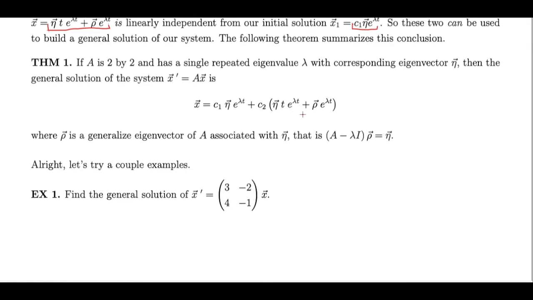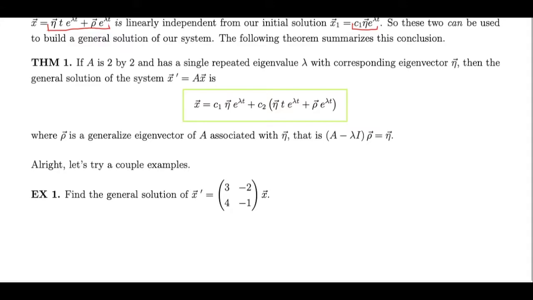And then in addition, I also need to include another e to the lambda t term, but I'll have a different coefficient function on that term there. So this is the quote-unquote formula that I will use to build solutions in the case that I have a repeated eigenvalue. And then just as a reminder, I've stated the generalized eigenequation here to indicate how I will solve or compute that vector rho.